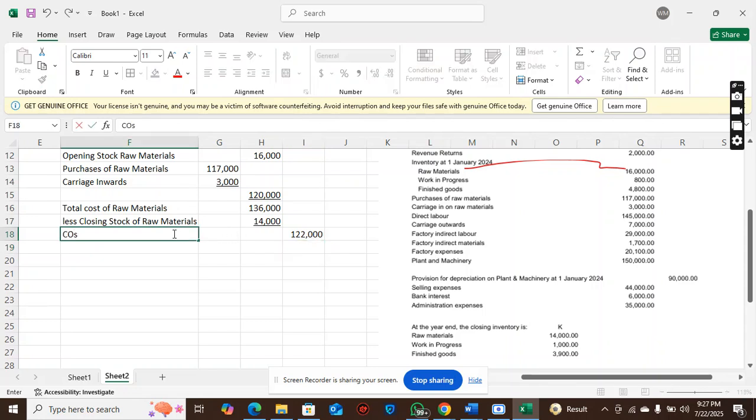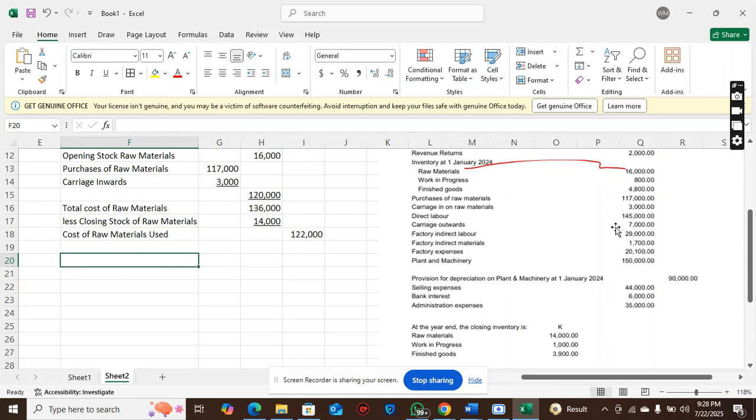Cost of raw materials used. Any questions, colleagues? Okay. What is the next item now?